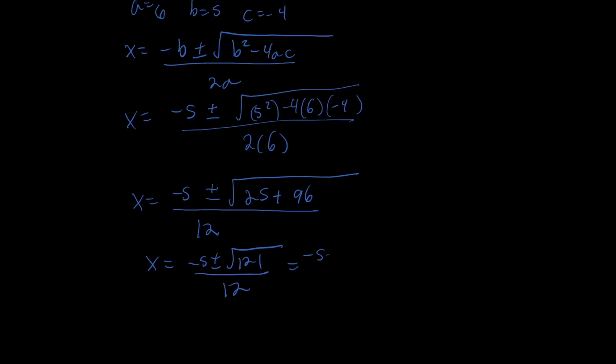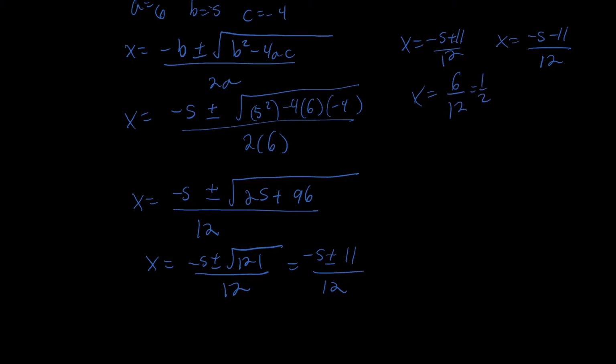Well, the square root of 121 is 11. So x equals negative 5 plus 11 divided by, not 2, 12, or x equals negative 5 minus 11 divided by 12. This was a negative 5. So that gives me x equals negative 5 plus 11, that's 6 twelfths, so 1/2.